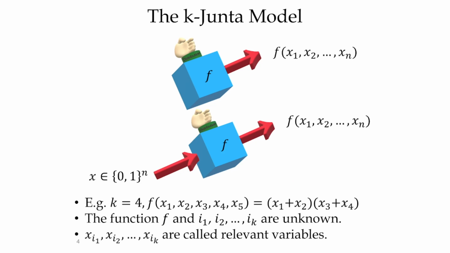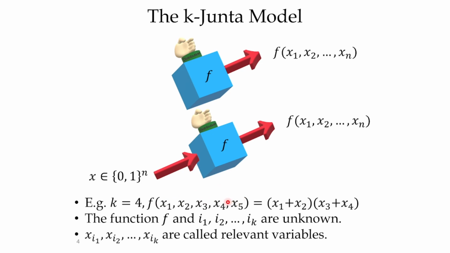Now I'll show you a similar model named K-Junta. In this model, the function isn't any function. The function is affected by at most k variables. K needs to be a known number. In this example here, we can see that the function is defined by 5 variables, x1, x4, x5.